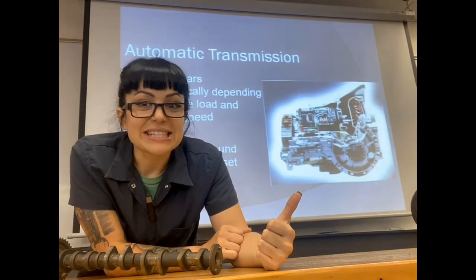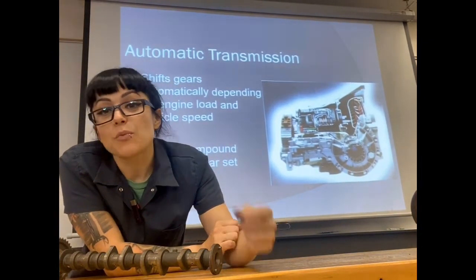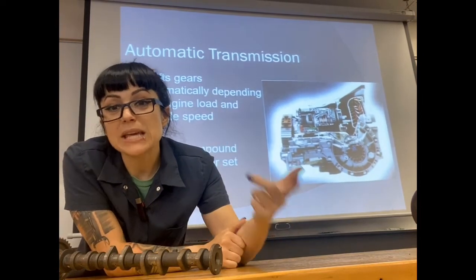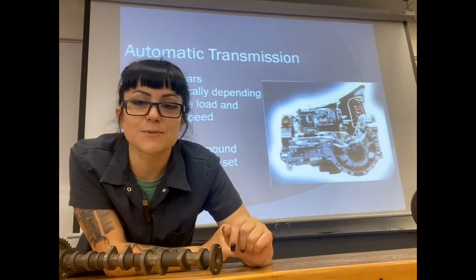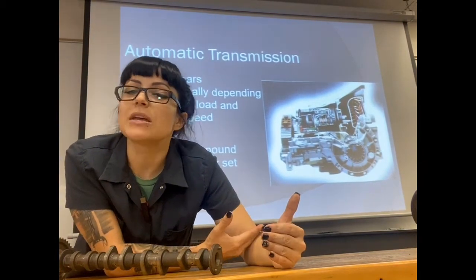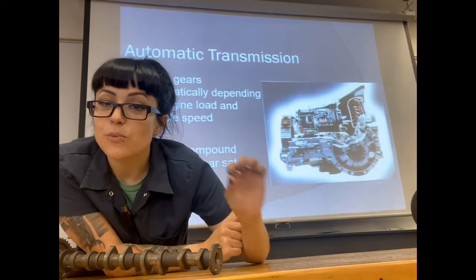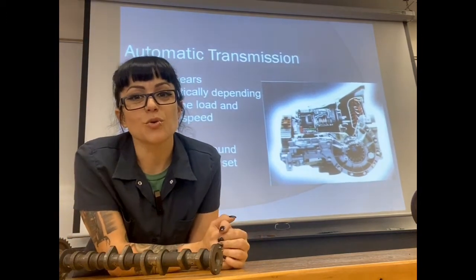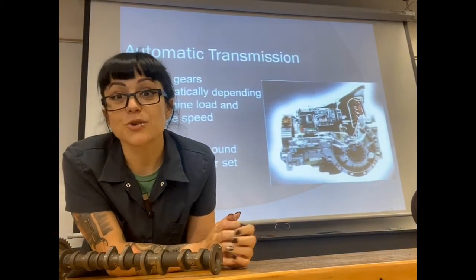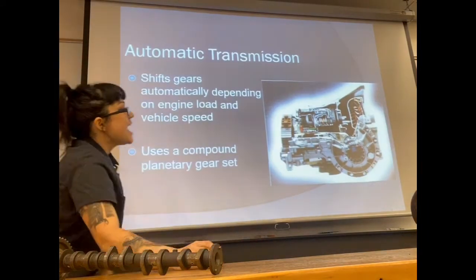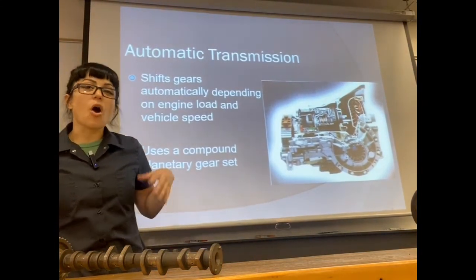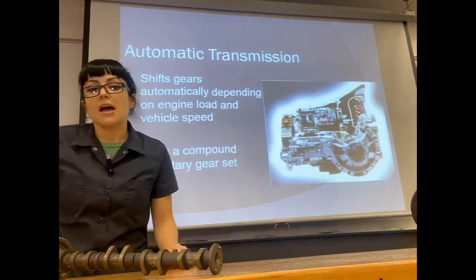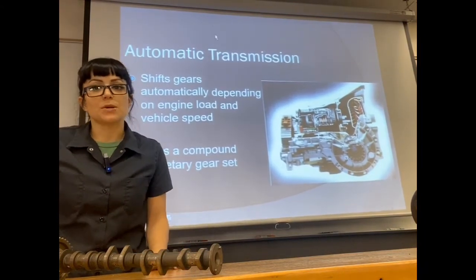Same with fifth and sixth gear, where we call those an overdrive, where we're multiplying speed and not torque. We can still do this with an automatic transmission. We just do it through something called a planetary gear set. We will get into this when we get into the automatic transmission section in this class, a little bit more in depth. But automatic transmissions in general are a little bit more complicated than a manual transmission vehicle.